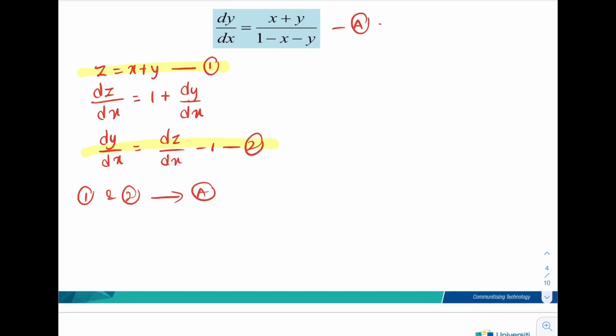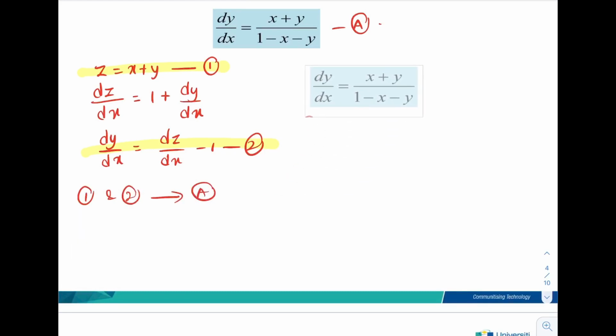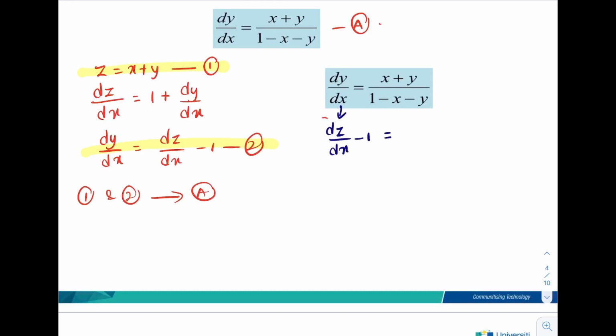So look at the question. I copy this one so easy for us to see. Okay, so then dy dx will become dz dx minus 1, equals to x will remain, sorry, clearly x plus y equals to z, isn't it?